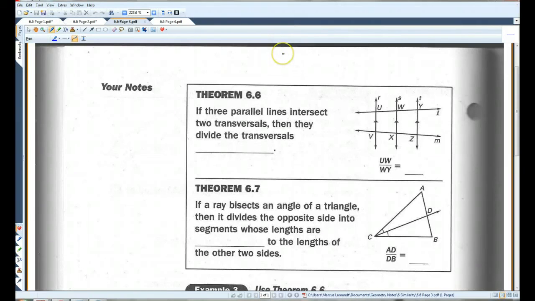Okay, theorem 6.6. If three parallel lines intersect two transversals, then they divide the transversals proportionally. This is very similar to the previous theorem. Basically, UW over WY equals VX over XZ.